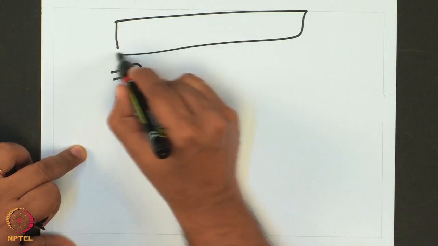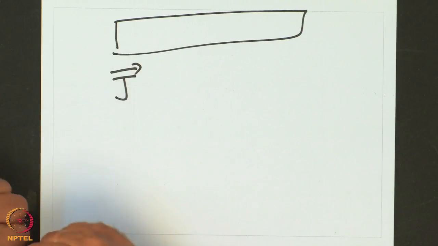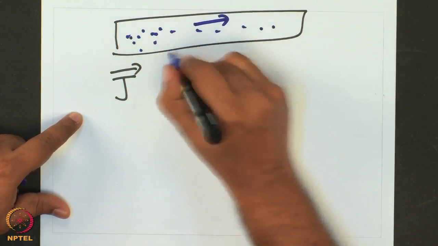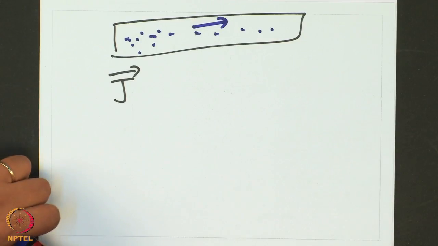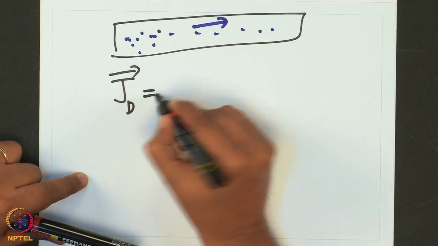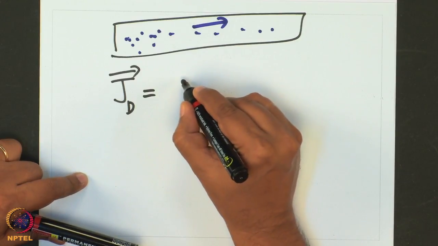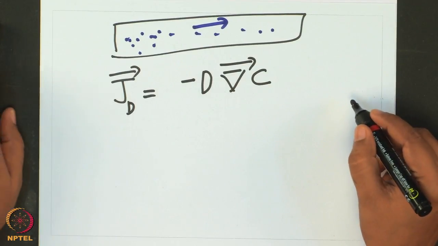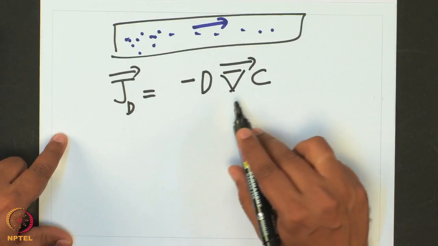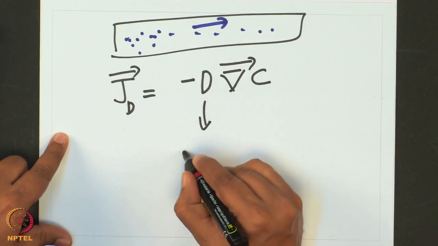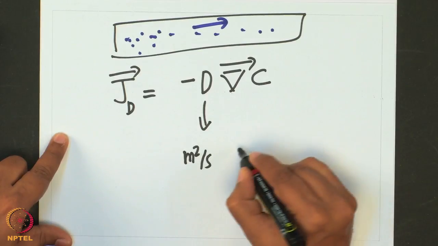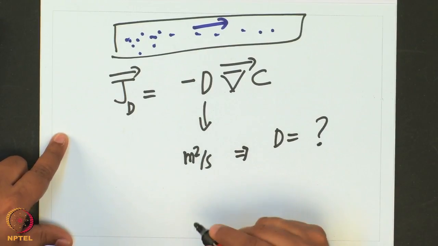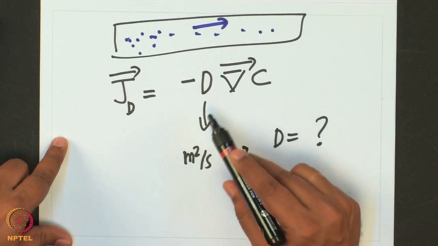When you have a cell or a tube having a high concentration at one end and a low concentration here, there will be a flow in this direction, and this flow J, a diffusive flow due to diffusion, is minus D del C. We find that the unit of D is meter square per second, but what all does D depend on? What are the things that the diffusion constant will depend on?